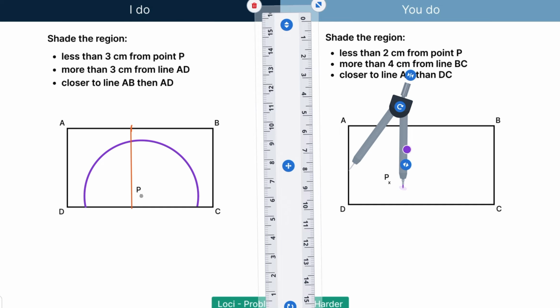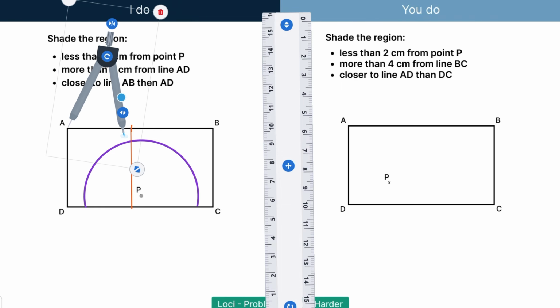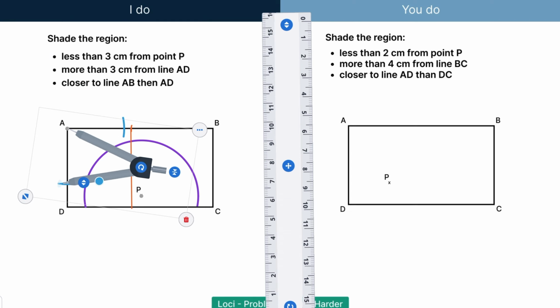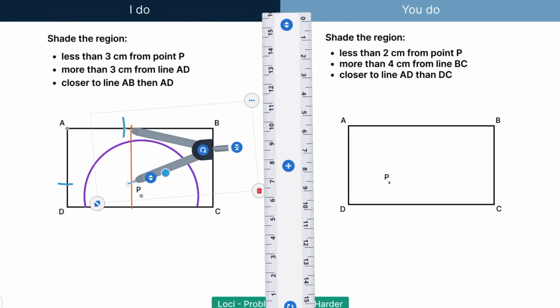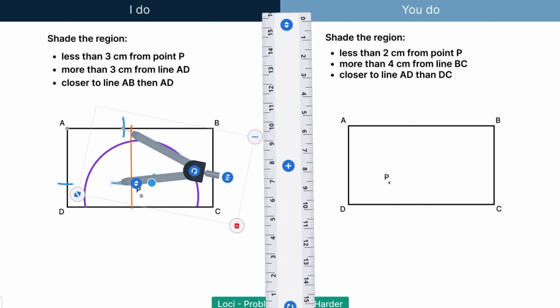And then it says closer to line AB than AD. Now I'm going to have to bisect that to find the exact halfway point between AB and AD. And again, I'll use a different color to avoid confusion. So I'm going to make my first sort of marking on here. I'm then going to make my second marking on here. Take this here, make my next marking, which would probably be somewhere there.